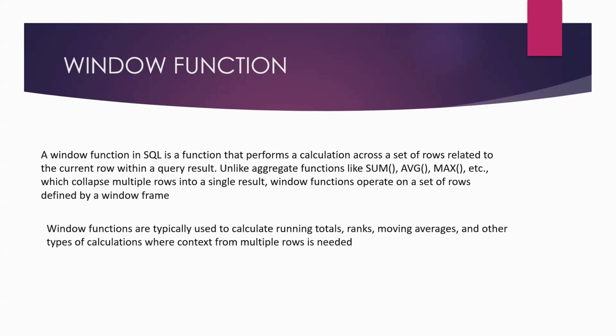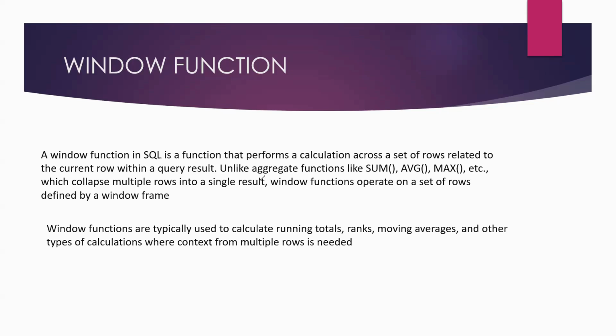Let's suppose we have an employee table. As I told you, window function is almost similar to group by clause. But what is the difference between group by clause and window function? Group by clause gives us a single result, like the sum of total marks of students, average of marks of students, total number of marks.